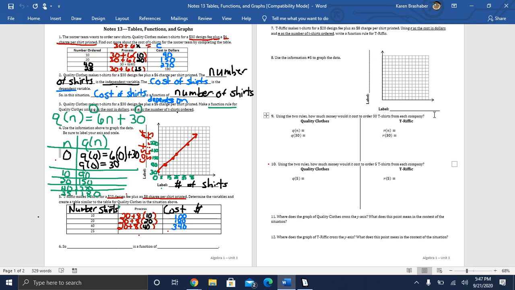And then finally, when there are 25 shirts, so 20 plus 8 times 25, your total cost for that is 220. So once again, we see that the cost of the shirts is a function of the number ordered, the number of shirts.